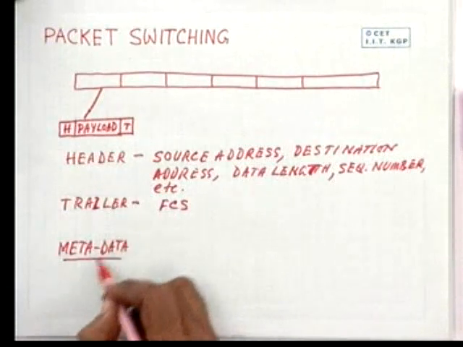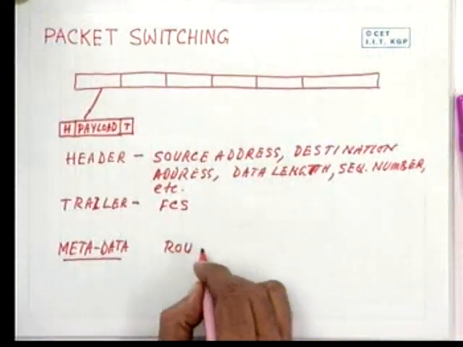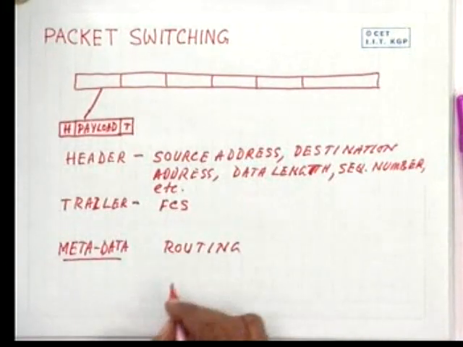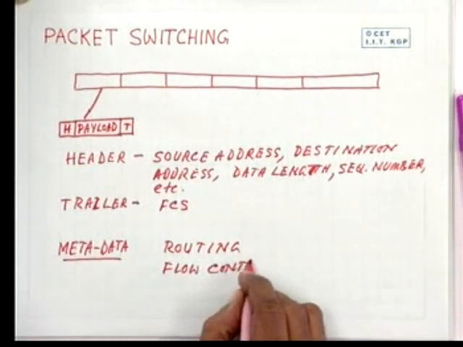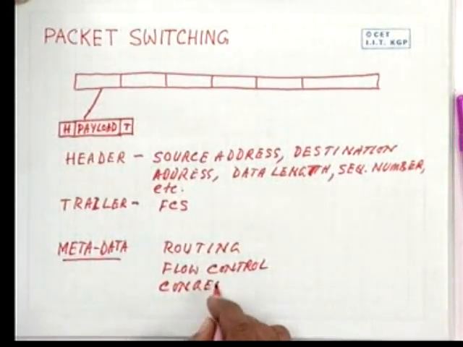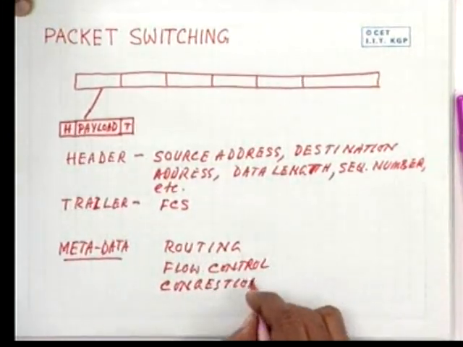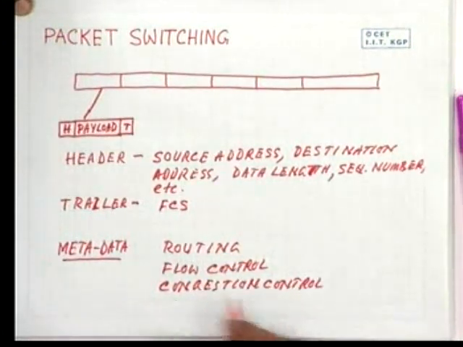And with the help of this metadata comprising header and trailer, many operations can be done, like routing, flow control, congestion control, and so on.